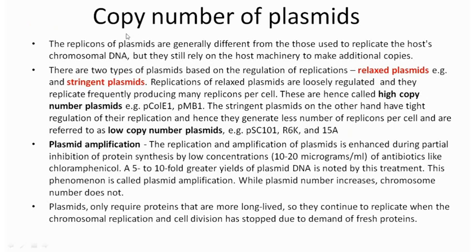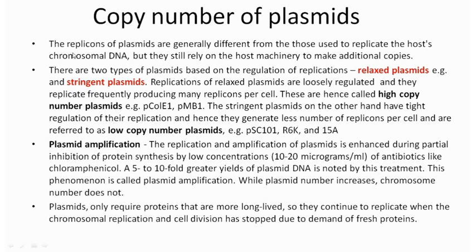So now let's see the copy number of plasmids. How many plasmids are present in a cell? There is a single chromosome per cell, as we learned in our last lecture. Exceptions exist with 2 or 3 chromosomes, but they are very rare. Most bacteria have a single chromosome, but the number of plasmids may be more than one, maybe many, up to thousands.